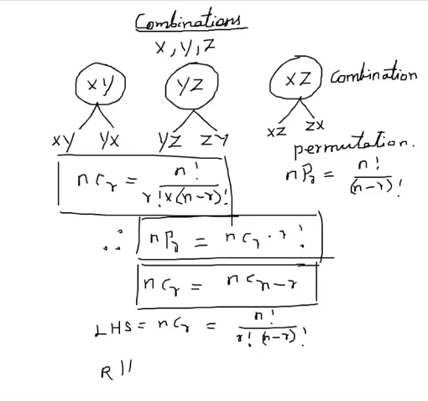And the RHS is nC(n minus r), which is equal to n factorial divided by n minus r factorial times n minus of n minus r, which is r factorial. LHS is equal to RHS. Therefore, nCr is equal to nC(n minus r). This is an important result.